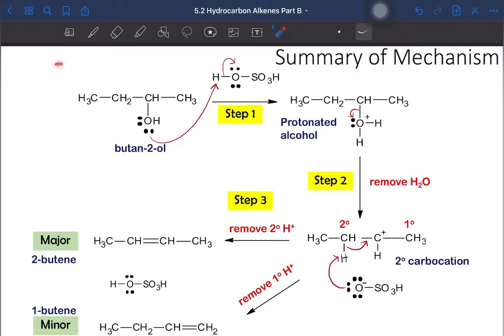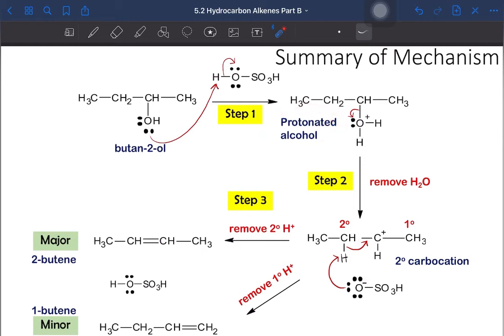So now let's look at the summary of the mechanism for this reaction. Please remember that the first step you need to do is the protonation of alcohol, where your hydroxyl group will be attacking the hydrogen from the acidic catalyst to form protonated alcohol.